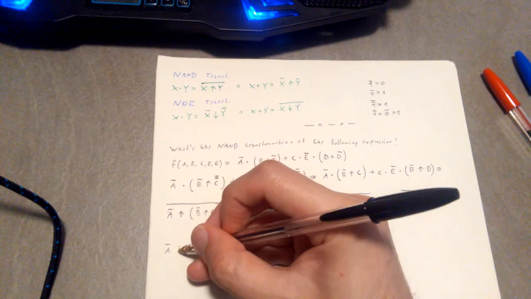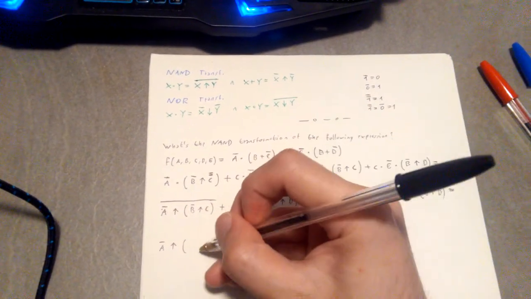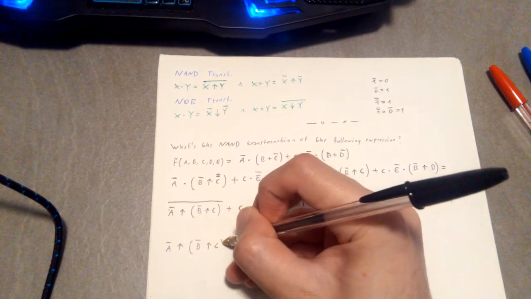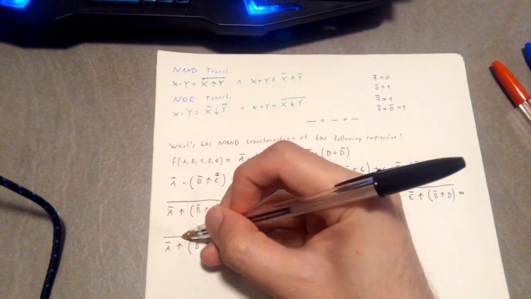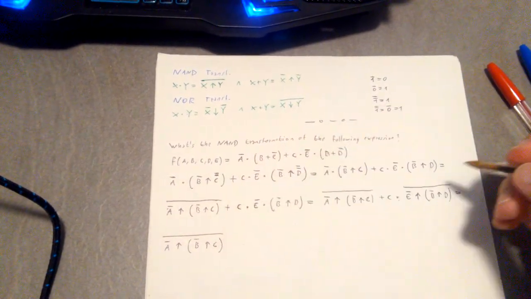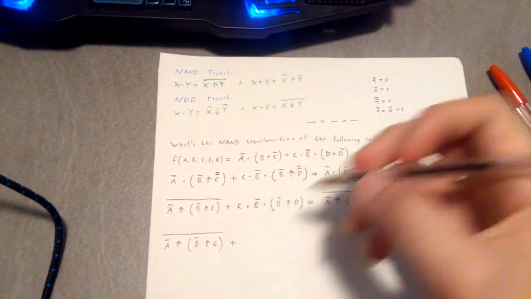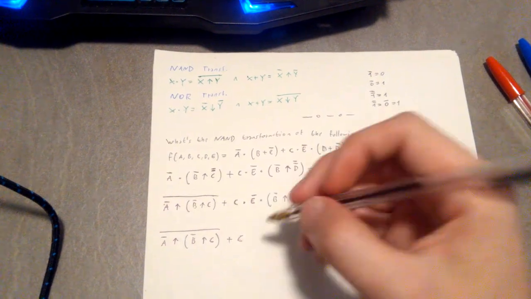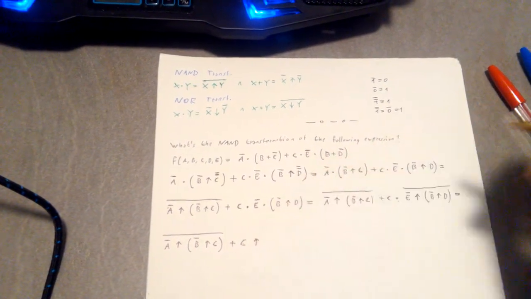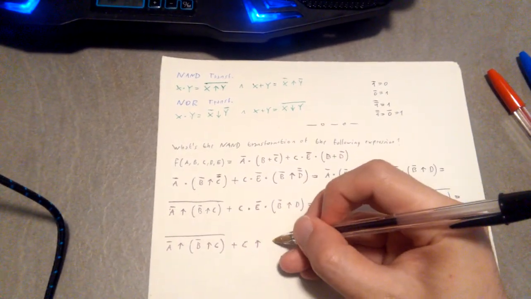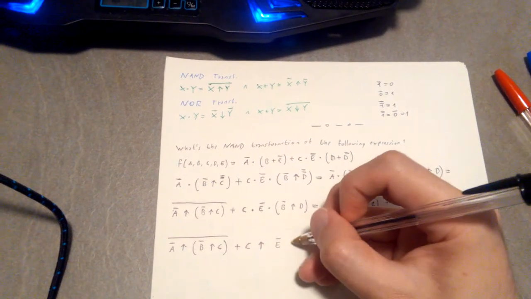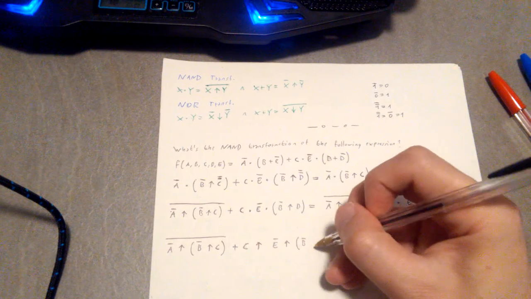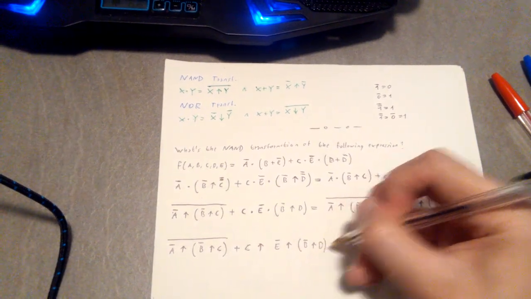So a naught, arrow upward, b naught, arrow upward, c, everything with a naught, then plus c, and then we're going to get rid of this. So this becomes an arrow upward, of course, with e naught, arrow upward, with b naught, arrow upward, d.